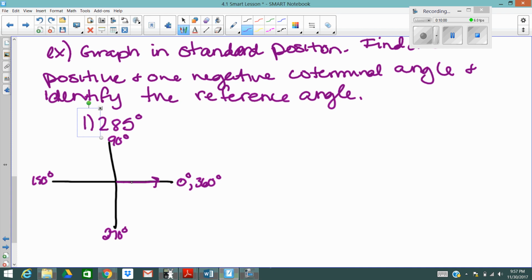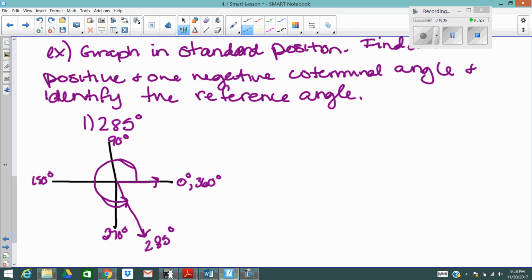So 285 degrees, since it's a positive angle, our angle of rotation will be counterclockwise. 90, 180, 270, and there's my angle at 285 degrees. Initial side is labeled, terminal side is labeled, and the direction of our rotation is labeled. So check, we've graphed in standard position.